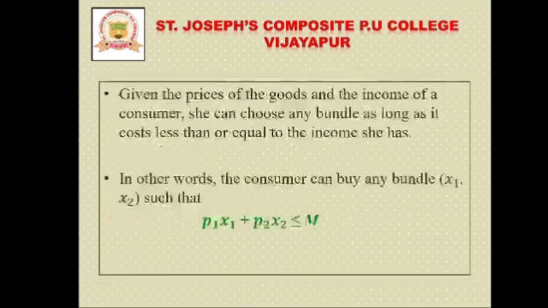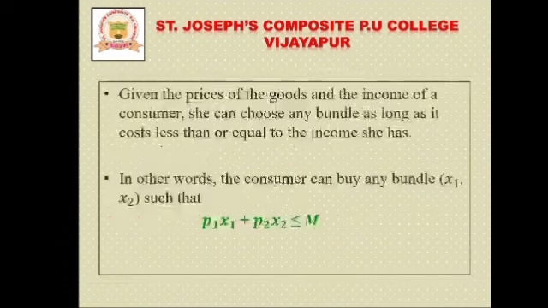Okay, and also, given the prices of the goods and the income of a consumer, she can choose any bundle as long as it costs less than or equal to the income she has.